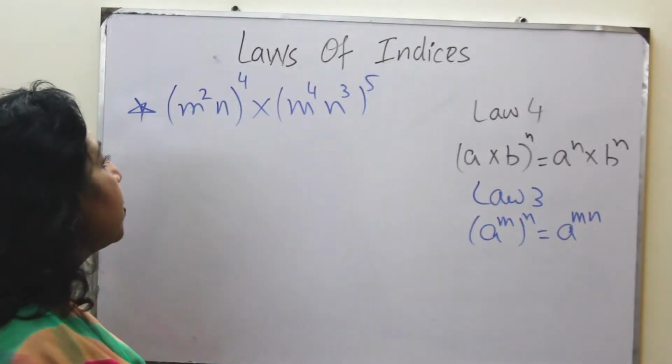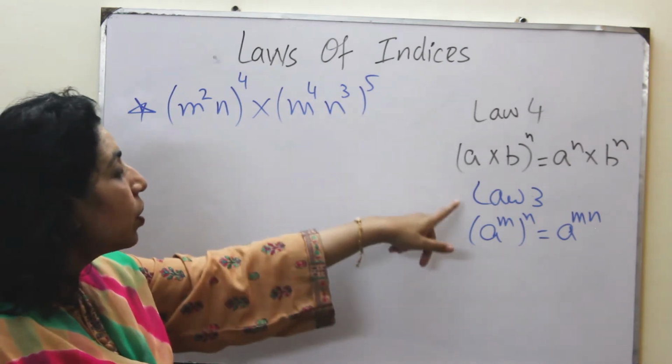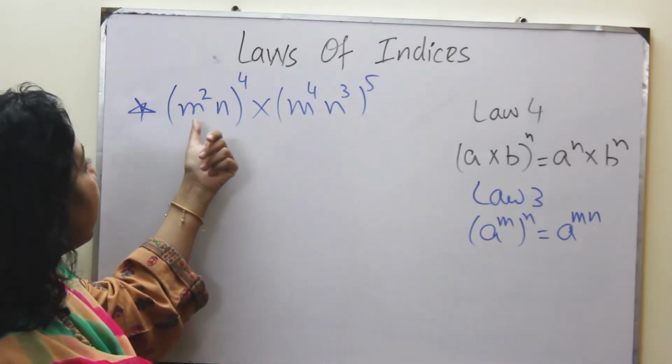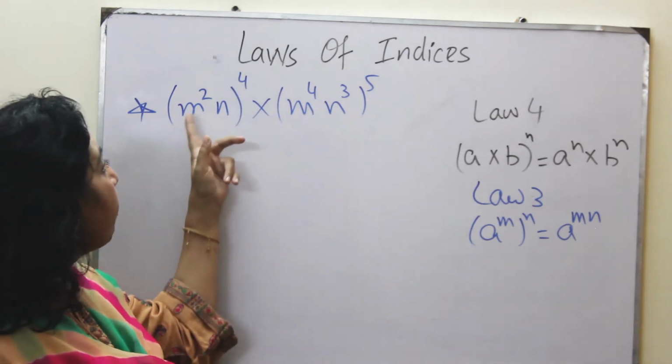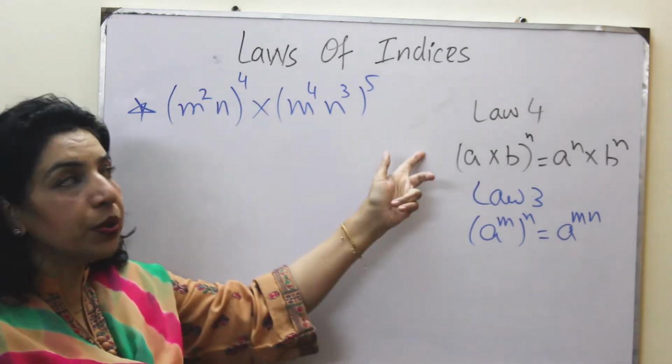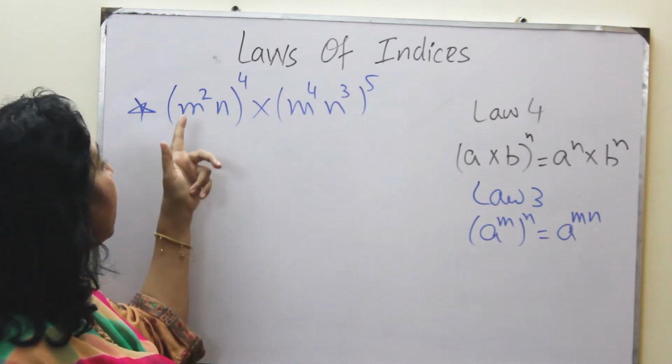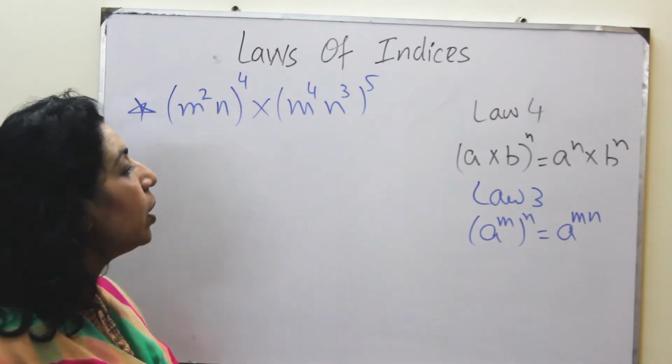Few more examples using law 4, and in this law we shall also use law 3. You can see you have m power 2 n raised to power 4. So when you shall open m power 2 and n with 4, you will use law 4. But when you will open m2 with 4, you are using law 3.